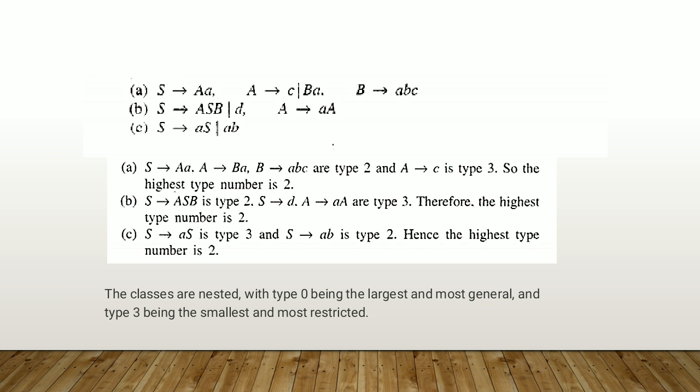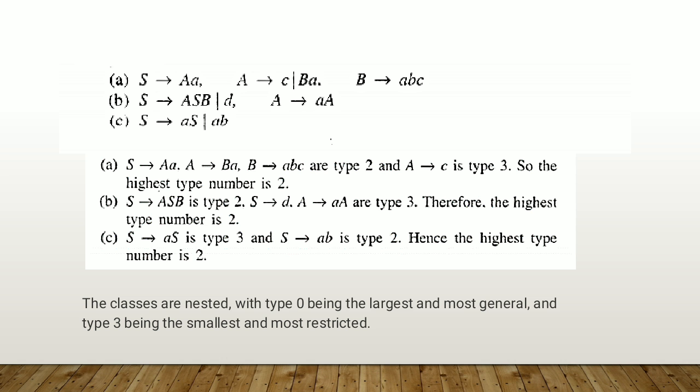Now let us see some examples. Here there are three examples given and we are going to identify which type of grammar each is. First of all, S gives capital A, small a.